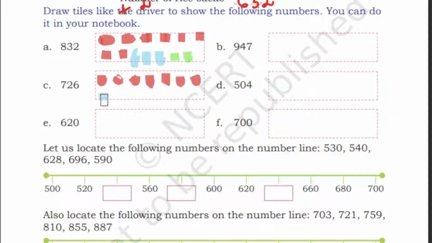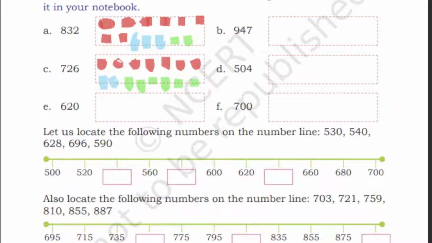We have 2 tens, which is 1, 2, and we have 6 ones. 1, 2, 3, 4, 5, 6. We have 6 ones. Okay. So 700 we have, 700 plus 20 plus 6. So 726. Okay. So next we have 620.